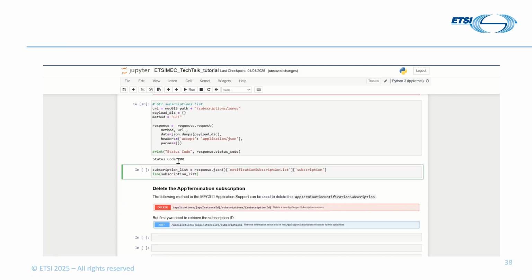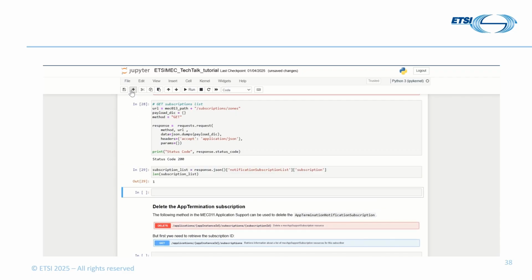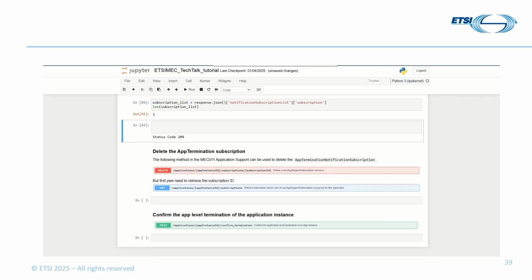Okay, see? We can see that we have one subscription that is active. Okay. We will use the output of the previous query to iterate on the list of subscriptions and delete each of them.